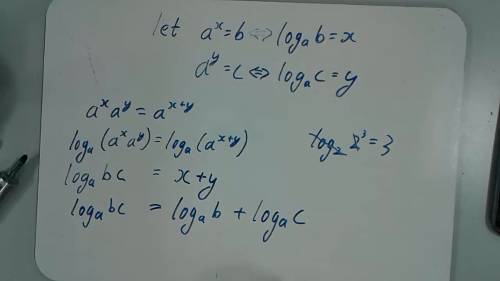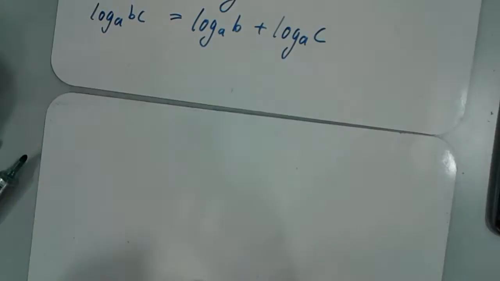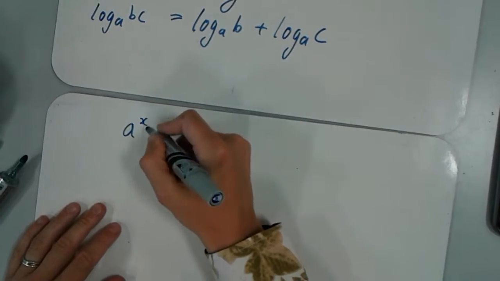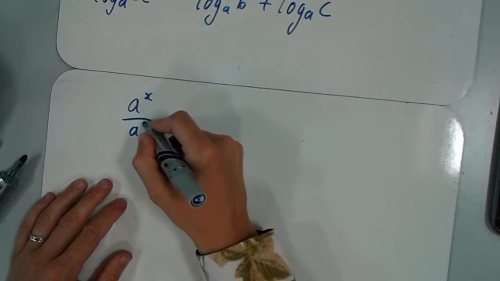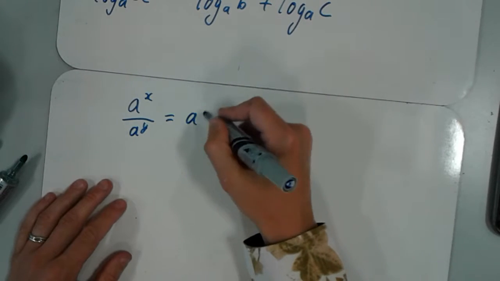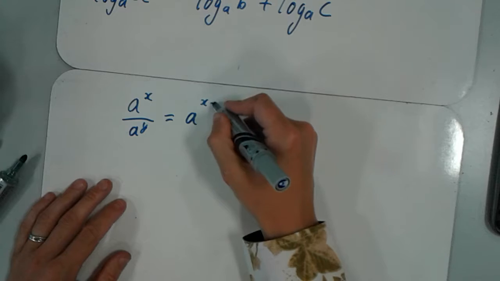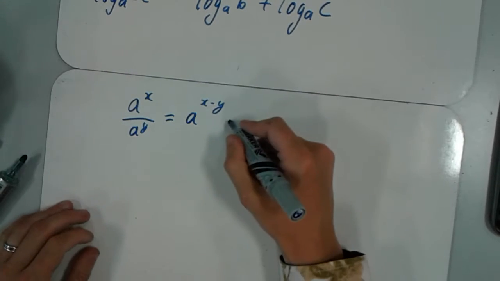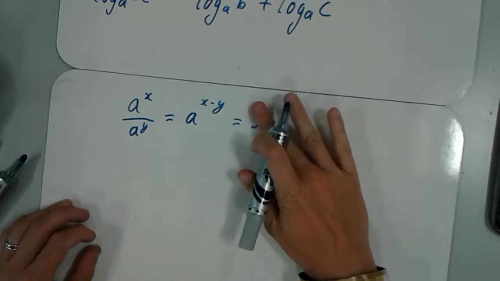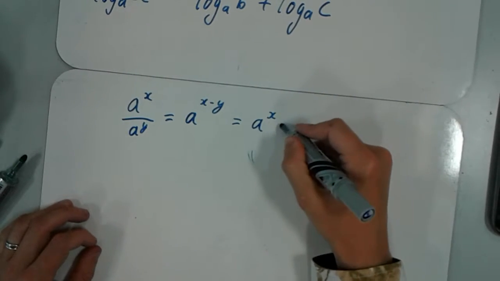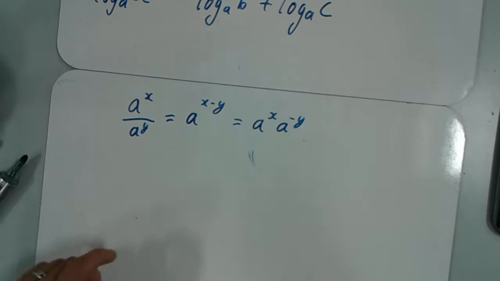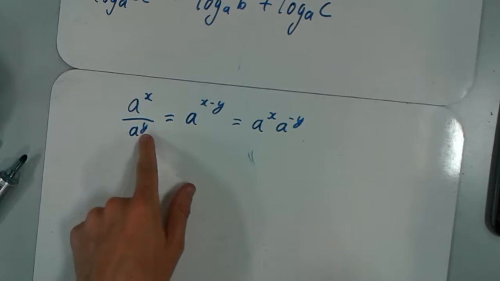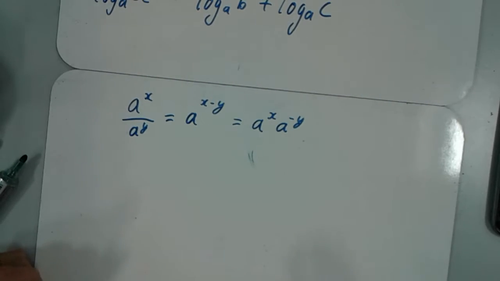A similar thing will work with division. As we know, division is written as, let's just get a new board, a^x over a^y is equal to a to the x minus y. Similarly, I could have written that as a to the x times a to the minus y. Remember, a reciprocal is just a negative power.